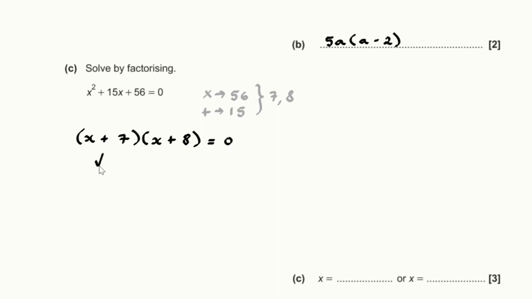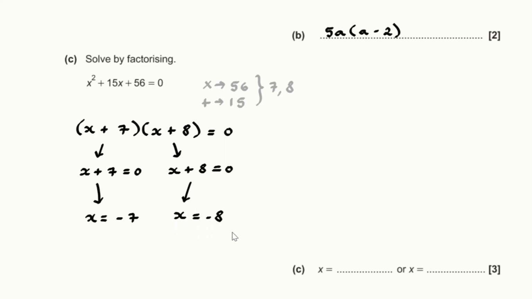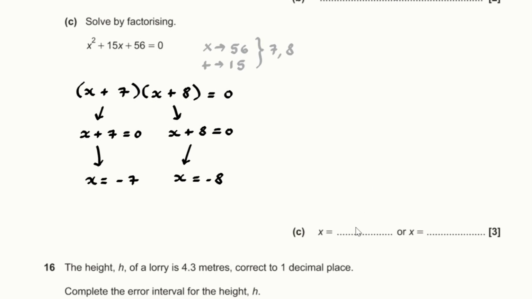So either x plus 7 is 0, or we've got x plus 8, which is 0, and from this we can see x is equal to minus 7. From here, x equals minus 8. So we've got two possible values, minus 7, minus 8.